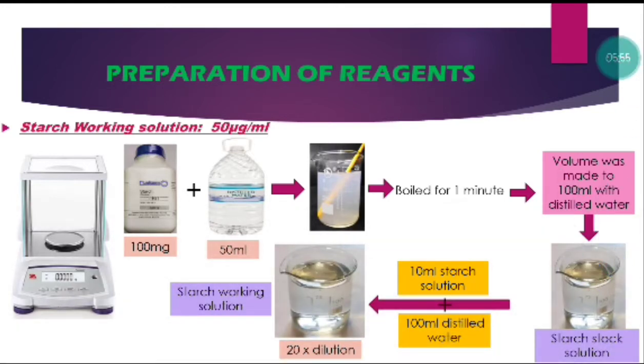So this will be your starch stock solution. For using in the experiment, we will dilute the stock solution 20 times, by taking 10 ml of this stock solution with 100 ml of distilled water. So this will be our working solution for starch.